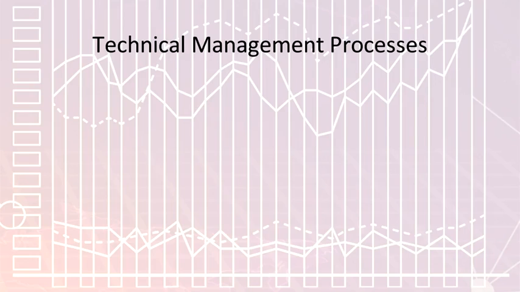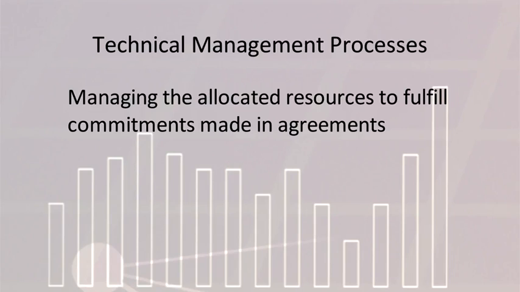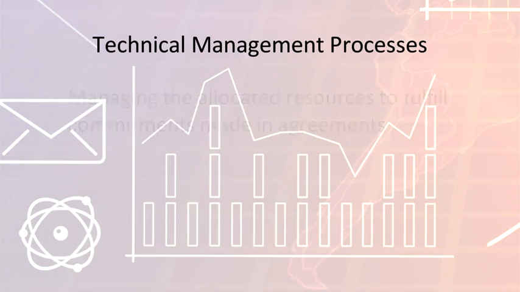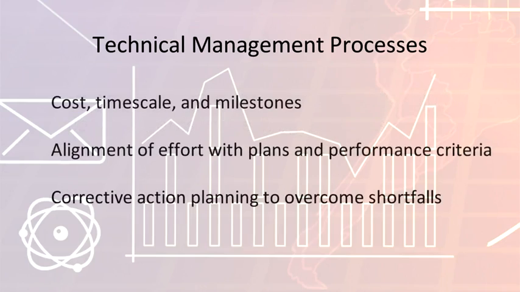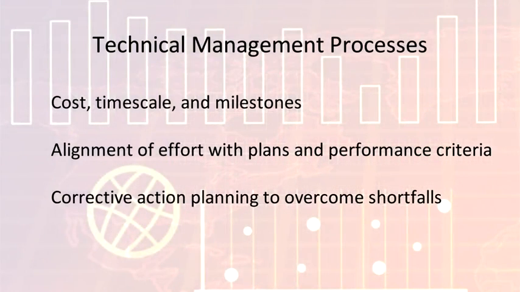The next set of processes, technical management processes, focuses on managing the allocated resources to fulfill commitments made in agreements. The emphasis of this area is on the technical effort of the projects, cost, timescale, and milestones, the alignment of effort with plans and performance criteria, and corrective action planning to overcome project shortfalls.